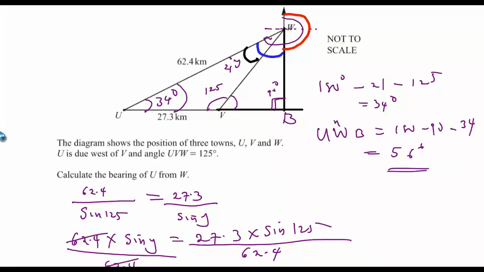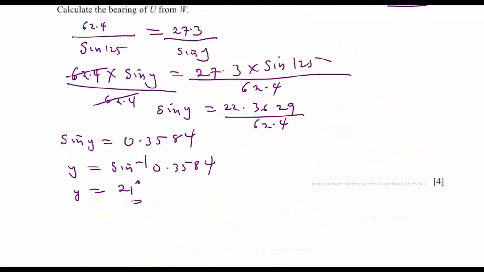Now we can get the bearing of U from W to be 180 add 56. 180 is for the red angle and 56 is for the blue angle. So let me scroll down.